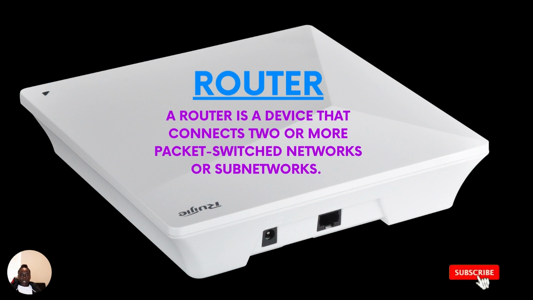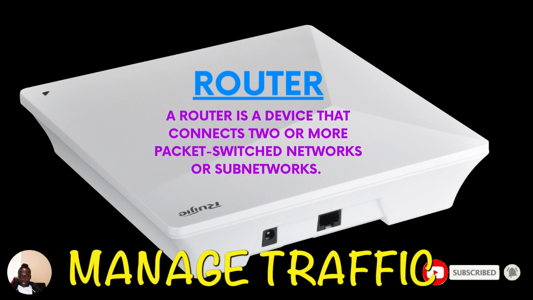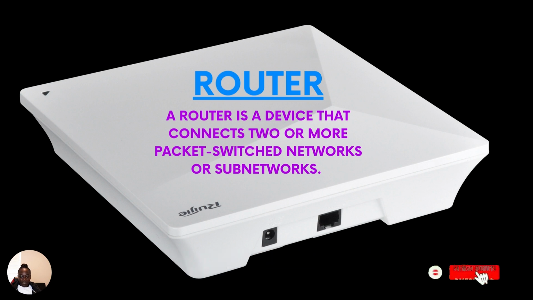But essentially, a router will do the same thing no matter where and what capacity it's used for. The two functions are to manage traffic between networks by forwarding data packets to their intended IP addresses and allowing multiple devices to use the same internet connection. It operates at layer three and is more intelligent because, like I said, it uses an IP address.